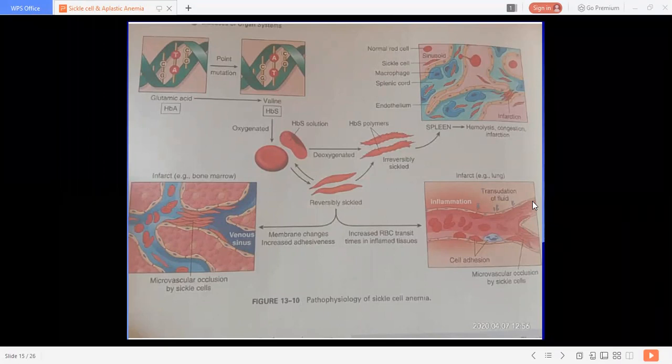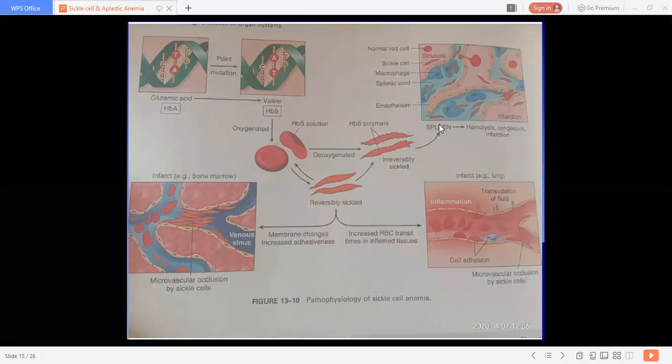And whenever this bilirubin gets collected more in the blood, it gives rise to cholelithiasis due to pigment gallstone formation. This pigment is nothing but bilirubin. Okay. You understood? Yeah, Juhi? Yes, ma'am. Okay.